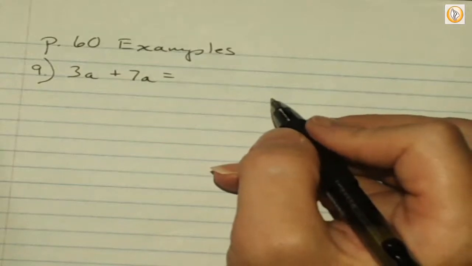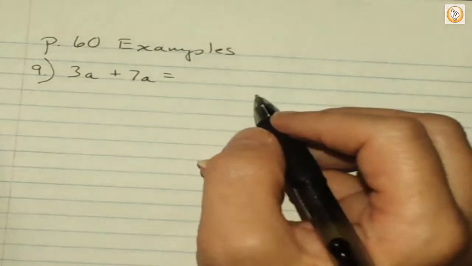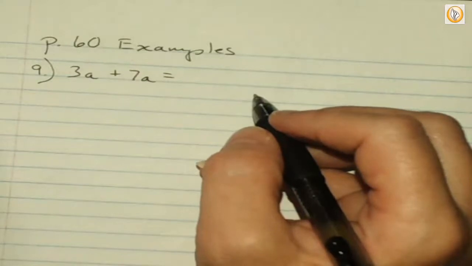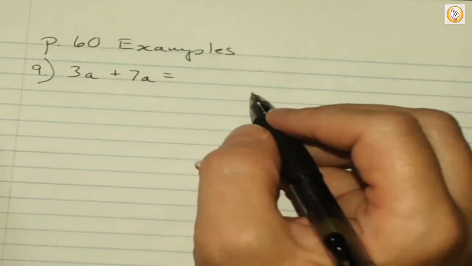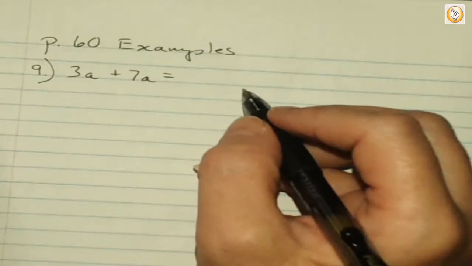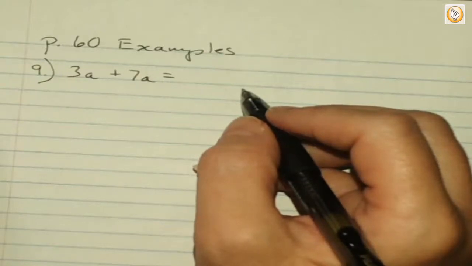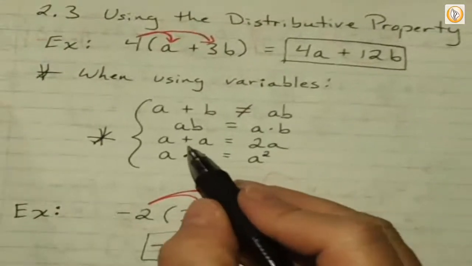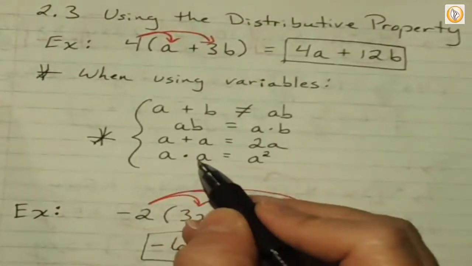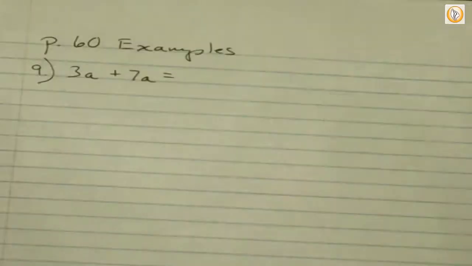You get 10. It's not 10a squared? Which is it? Is it 10a or 10a squared? 10a squared. You sure about that? Yes. A plus a is 2a. A times a is a squared.